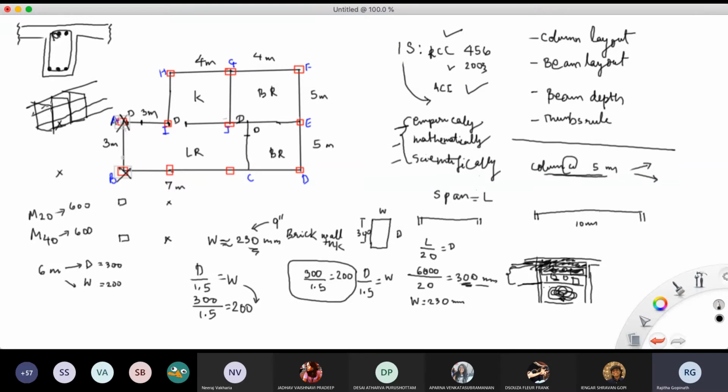Now if I put more steel then I don't need the same depth, right? So this depth has to be a function of something. The function is not merely the span. It has to be basically of the material that is used, the quality of the material, the cross section and everything else.